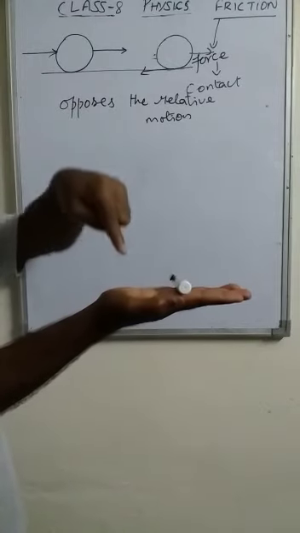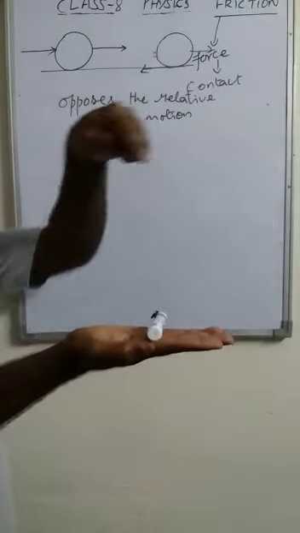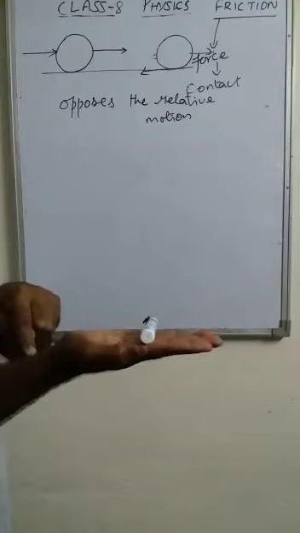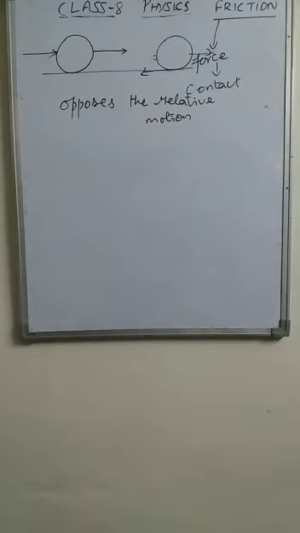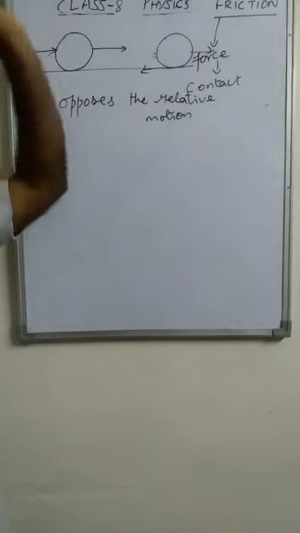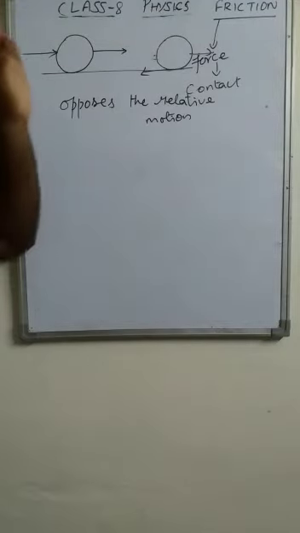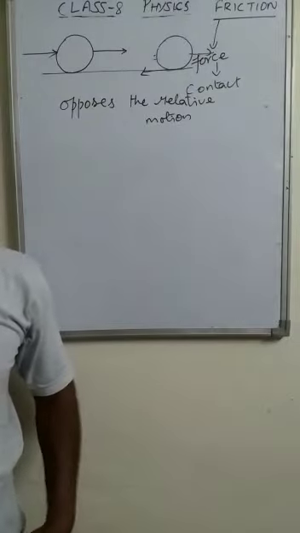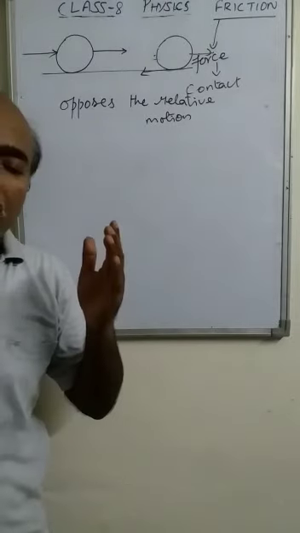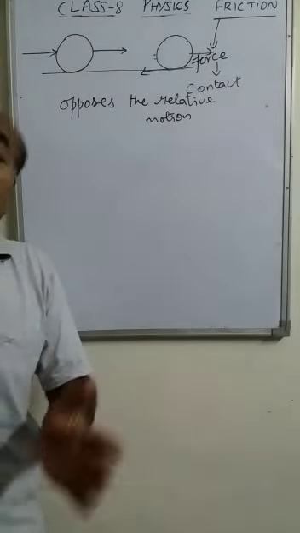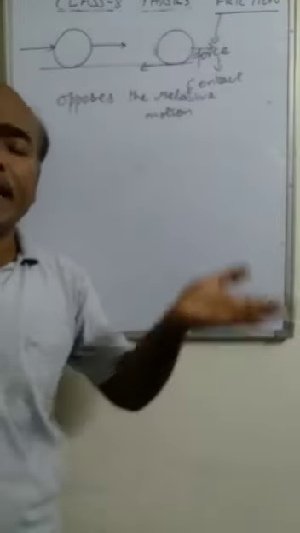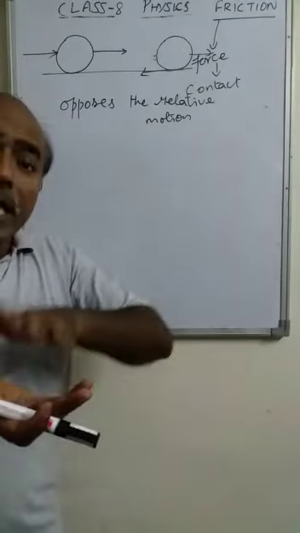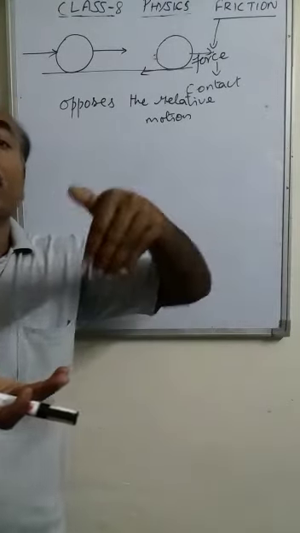Now with respect to my hand the pen is moving. So that we say relative motion. So this is the friction. And this frictional force acts between all surfaces which are in contact, in which one is moving on the other.